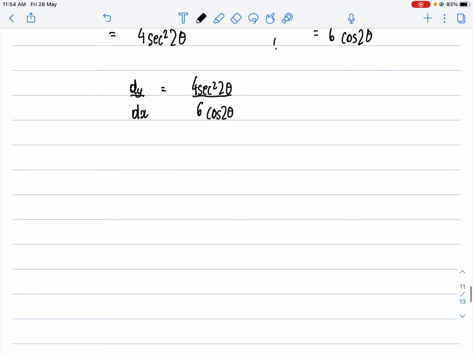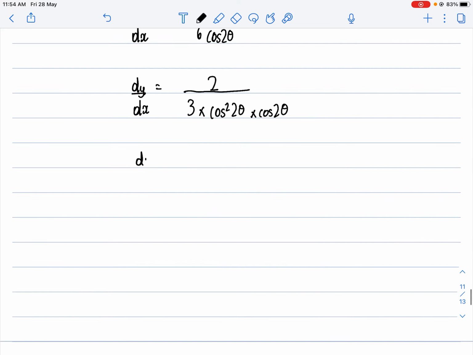I know sec square is 1 over cos square, so I can write this as 2 over 3 into cos square 2 theta into cos 2 theta, which can be written as dy by dx equals 2 over 3 cos cube 2 theta.